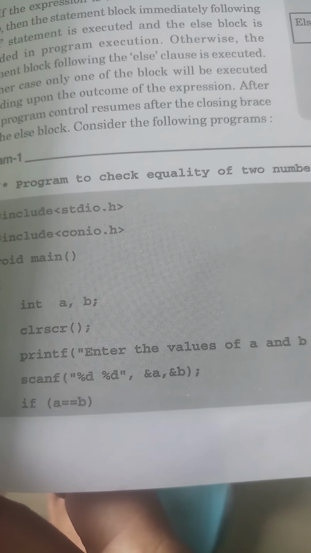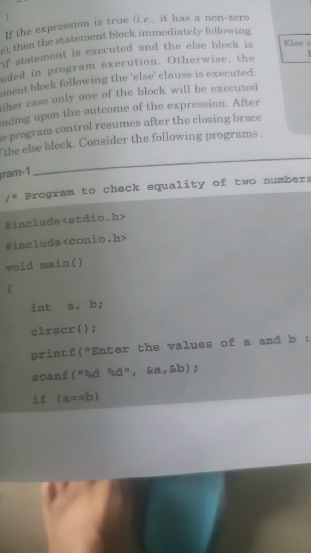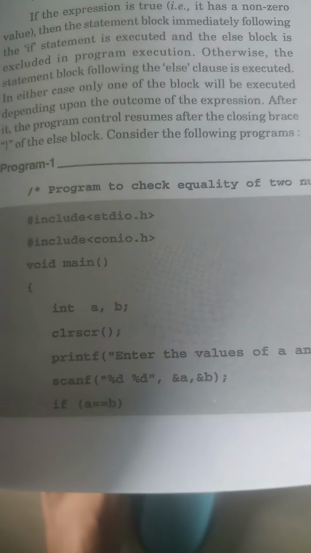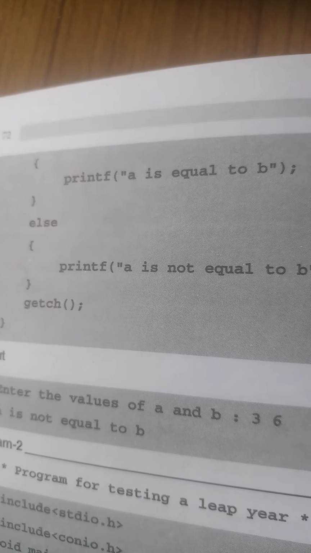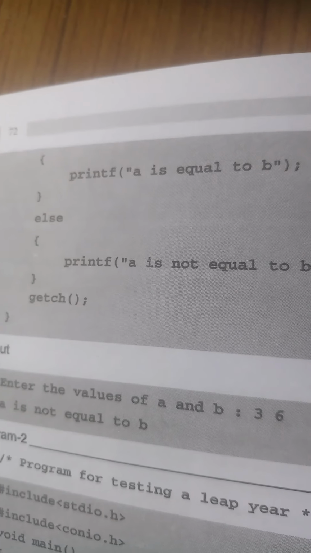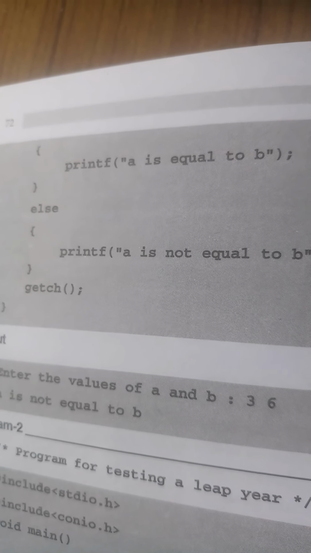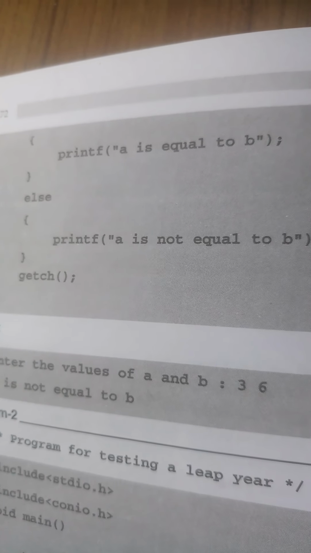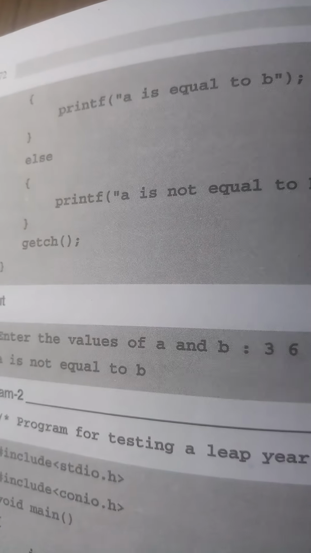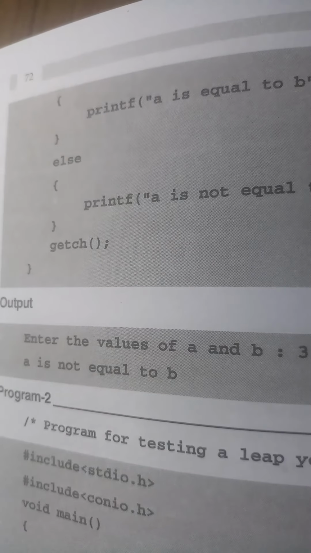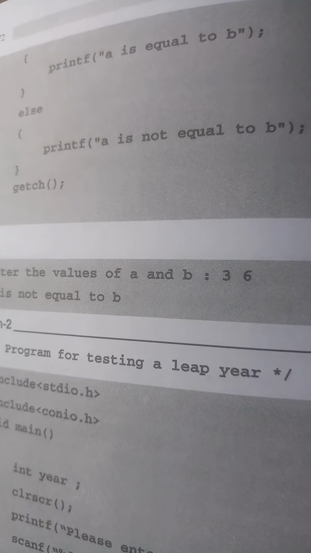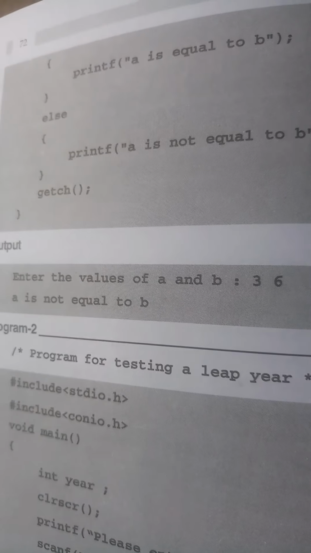If a is equal to b, printf a is equal to b, else printf a is not equal to b. getch. Output: enter the value of a and b, 3 6, a is not equal to b.